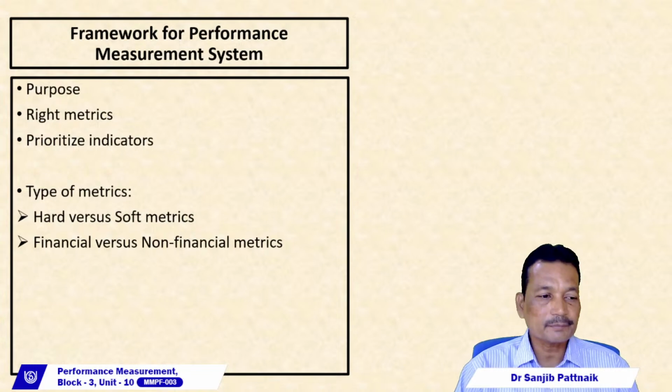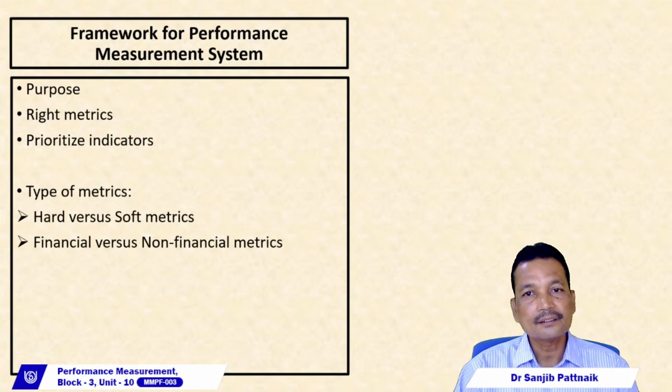We cannot express them in exact numerical terms. So these are called as soft metrics.